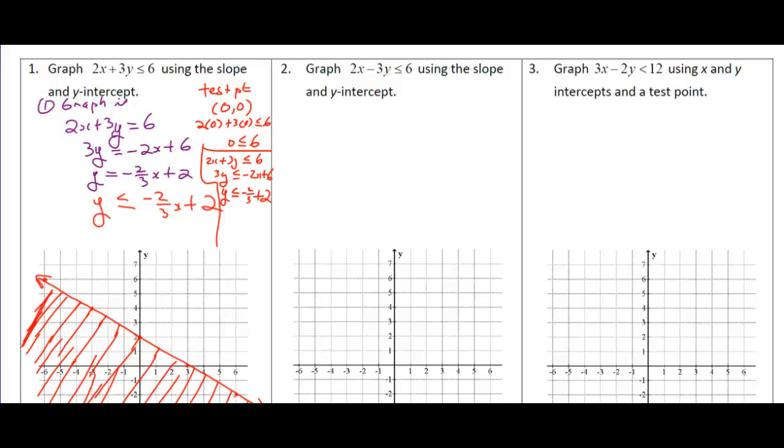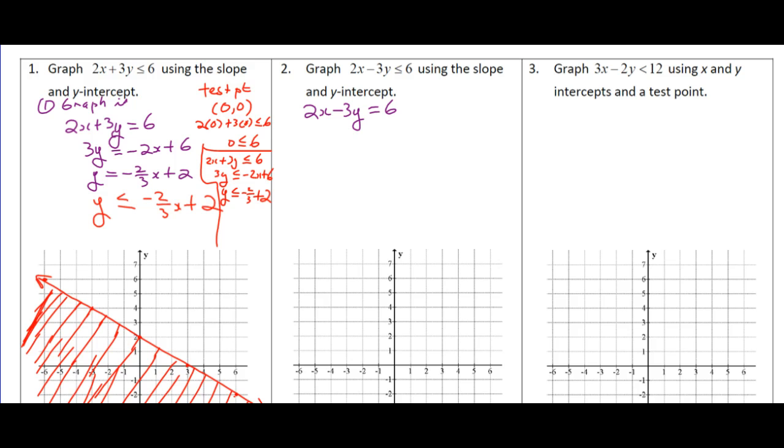Graph 2x minus 3y is less than or equal to 6 using the slope and y-intercept. So we're going to work with the boundary line, 2x minus 3y equals 6.